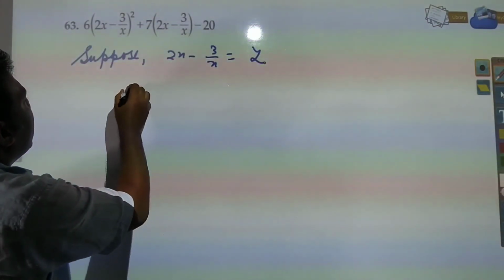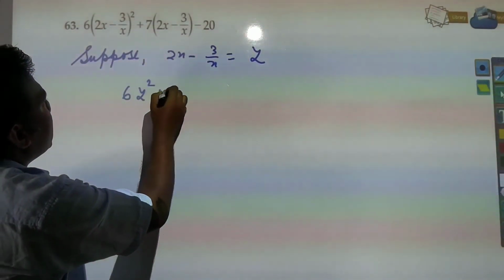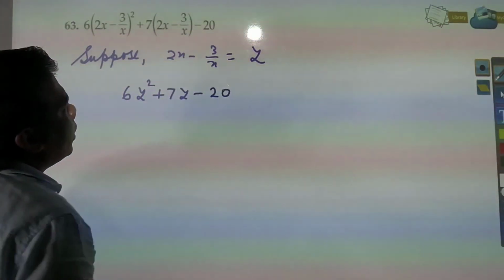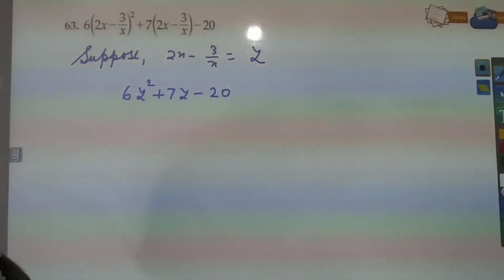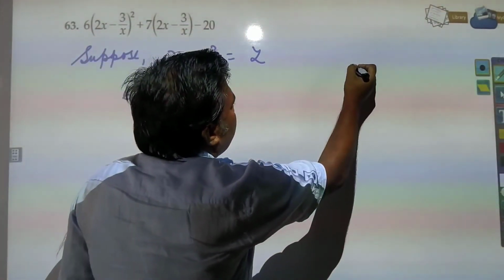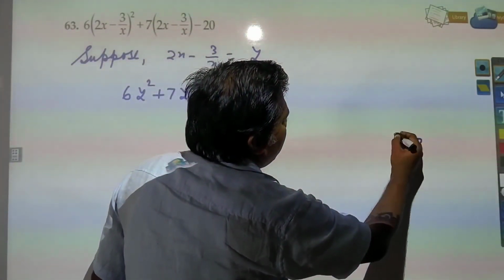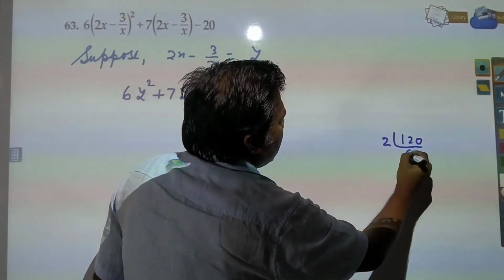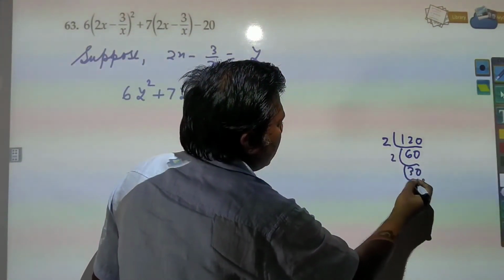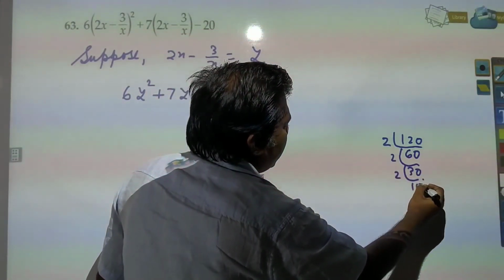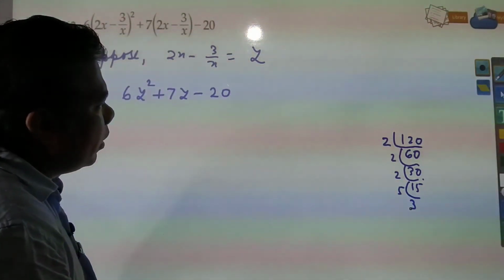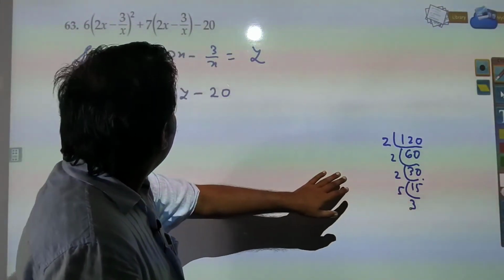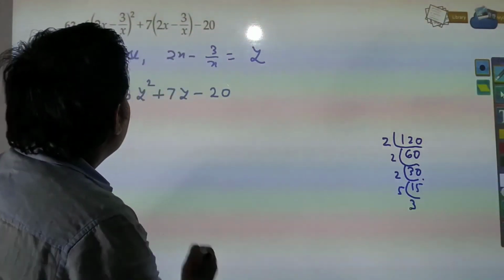So your expression will become 6y² + 7y − 20. Now 6 × 20 is 120, and 120 splits into 60, 30, 15. 5 × 3 is 15, and you should get 7, so 15 minus 8 can be written.